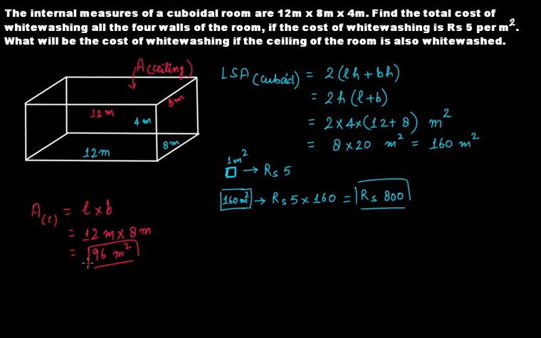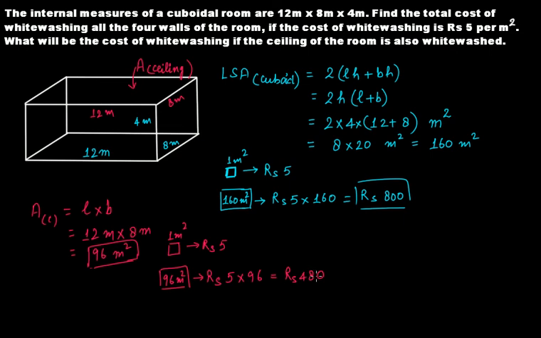So if for 1 meter squared you have to pay rupees 5, then for 96 meter squared you'll have to pay rupees 5 multiplied by 96, and that is rupees 480.